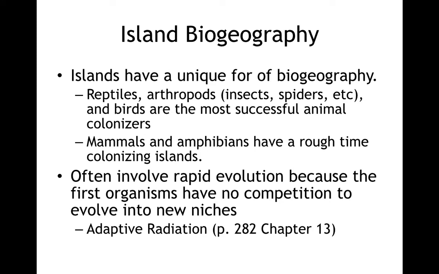So the theory of island biogeography, this is a theory which describes islands and how they have their unique biogeography and their unique organisms. Islands are famous for this. Lots of islands have their own sort of species on them. Islands right next to each other often have their own species. When it comes down to it, reptiles, arthropods like insects and spiders, and birds are the most successful animals that colonize islands.